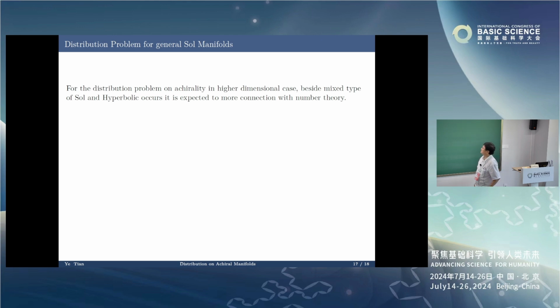So if we fix a geometric model, like the Sol Lie group or this PSL2C, then you can look at all manifolds with this model. So let's fix a geometric model and look at all commensurability classes with this model. We already have two examples, right? Sol or hyperbolic three-manifold. So among all these commensurability classes, you want to understand the distribution of special ones among archimedean ones.